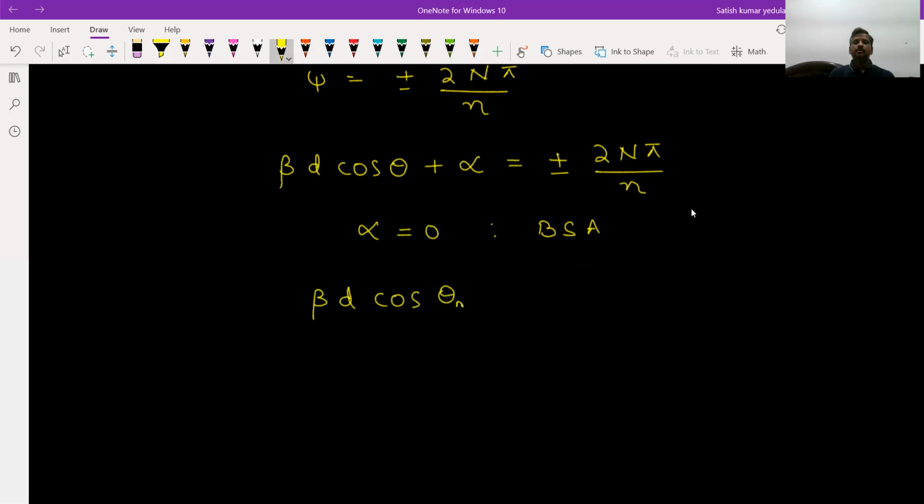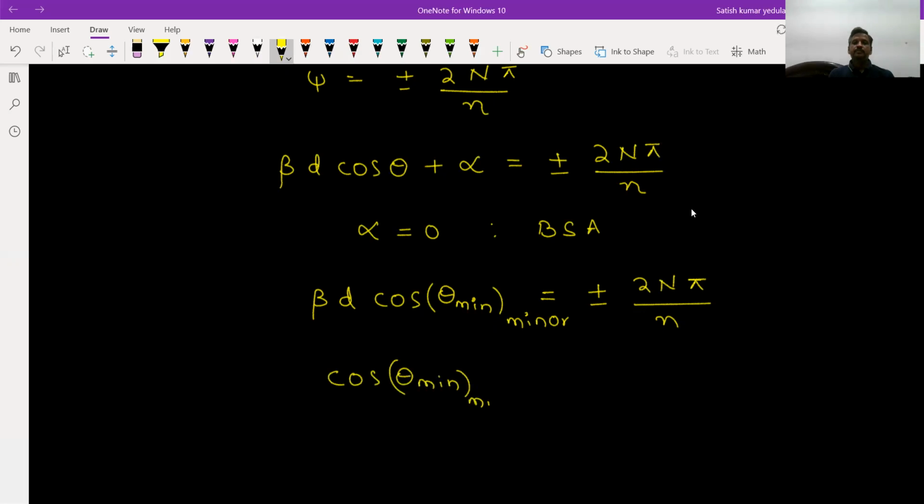So this cos theta you can call it as minimum of minor lobes. Don't write theta minimum, you better call it as minor, is equal to plus or minus 2n pi by n. Then cos theta minimum of minor is equal to plus or minus 2n pi by n beta d.